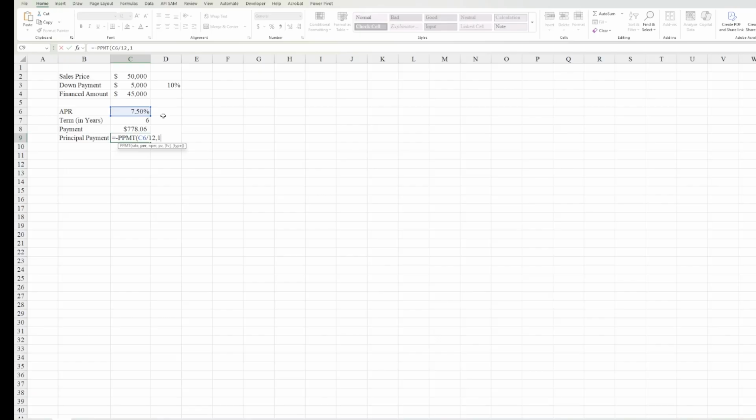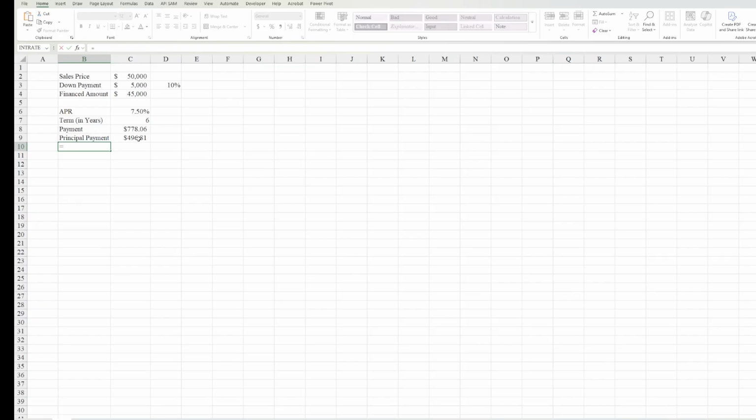There's going to be 72 periods because it's 6 years times 12 months, so the number of payments is going to be 6 times 12. And then our present value is going to be the financed amount, and you're going to get your principal.